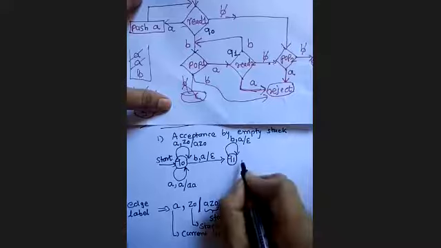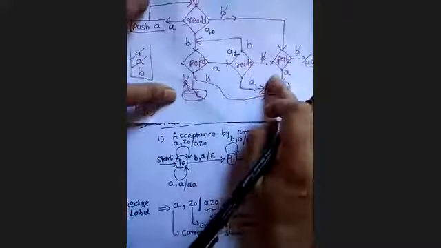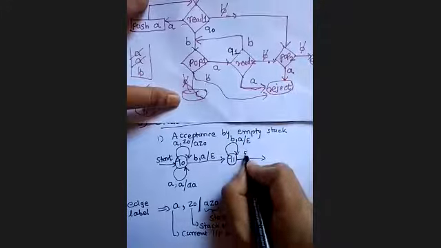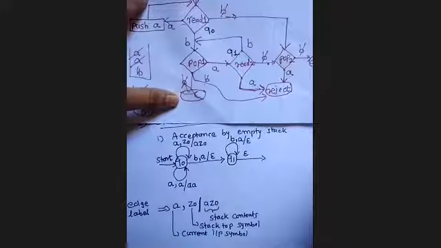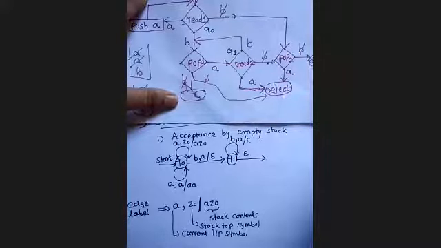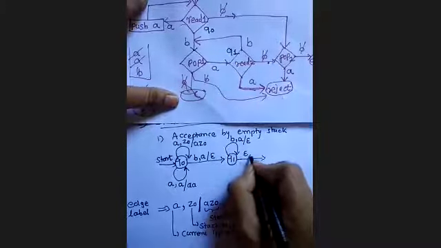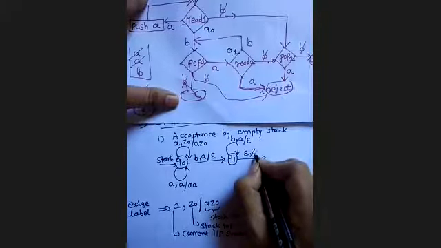Now here, as this is acceptance by empty stack, in the Q1, what did we use in place of blank? Let input end. If my input ends, we don't show blank in the DFA. We are not using blank here, we are using epsilon. So I'm showing that if input ends, let epsilon, at that time, let Z0.